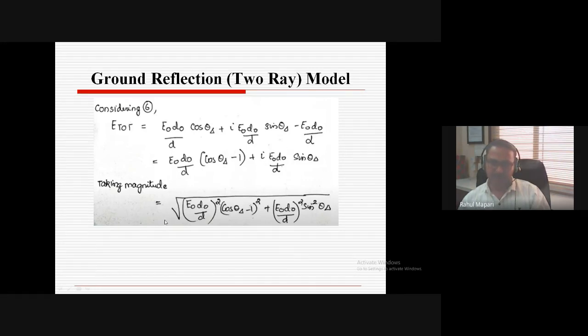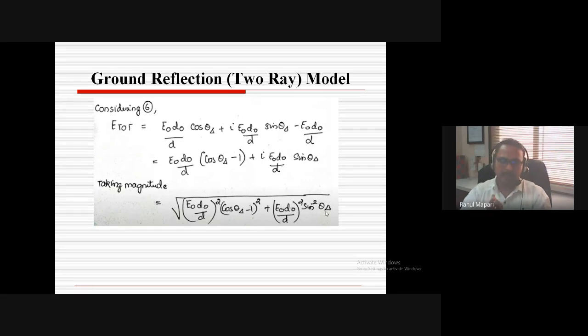So we take the square root of real part square, E0 D0 by D squared times cos of theta delta minus 1 squared, plus imaginary part square, E0 D0 by D squared sine square theta delta. Got it up to this? Yes, sir. It's simple mathematics actually.